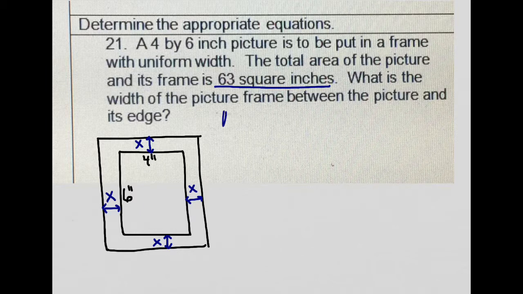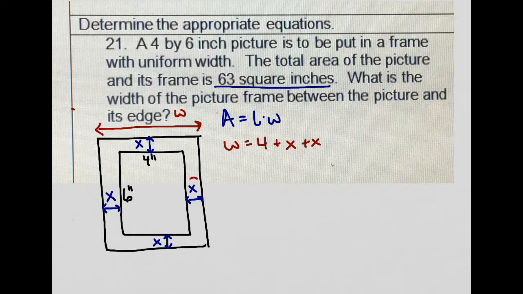So my area is my length times my width. So I need the length and width of each side. So on this side over here, we'll call that my width. The width is going to equal 4 inches plus an x plus another x, right?